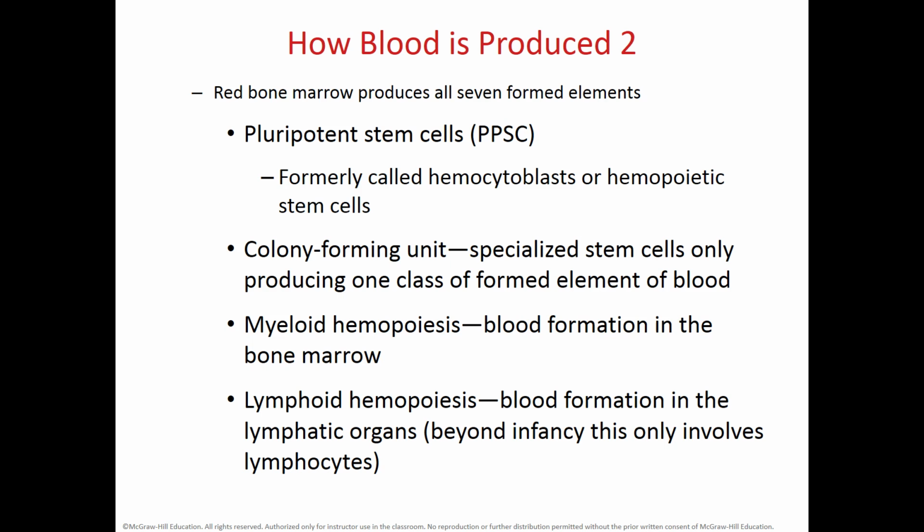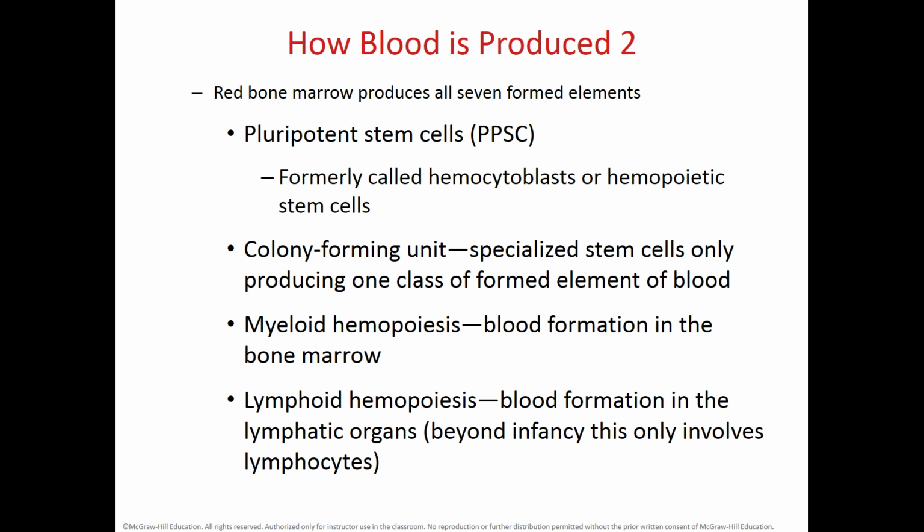These were formerly called hemocytoblasts or hematopoietic stem cells. And within these pluripotent stem cells, we will have different categories that are responsible for making the different form elements that we have within the blood. Now a colony forming unit is a specialized stem cell that produces only a single class of form element within the blood.